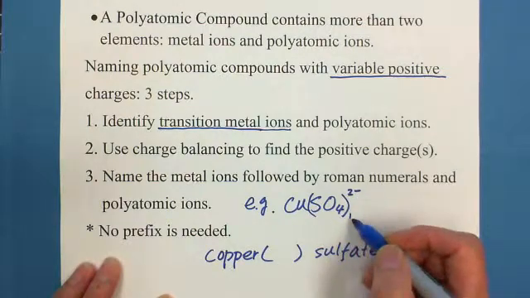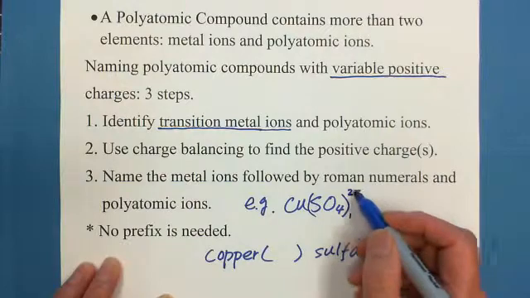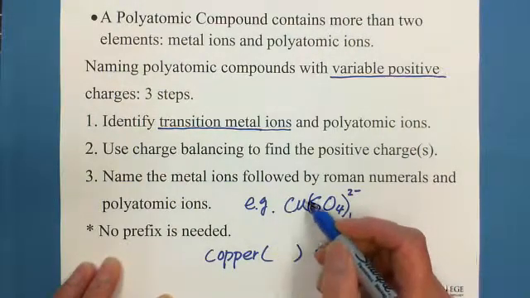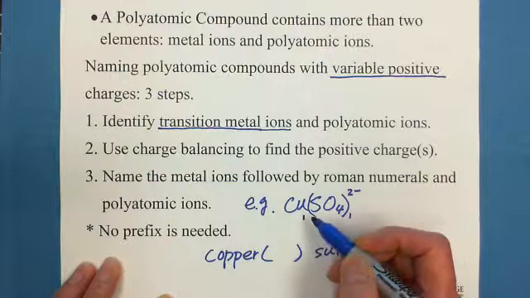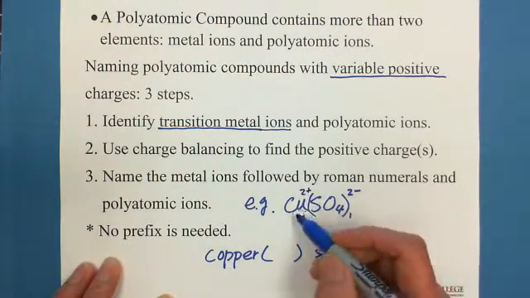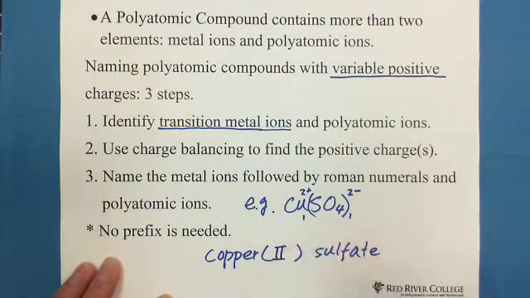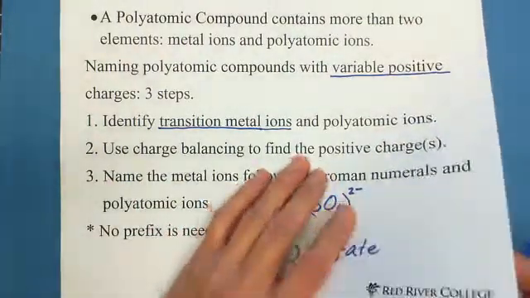So 1 polyatomic ion with 2 negative, total is 2 negative. That means you need 2 positive to be balanced. The Cu subscript is no number, that means 1. So in this situation copper is 2 plus, and that's why we say copper(II) sulfate. Right? Next let's practice some questions.